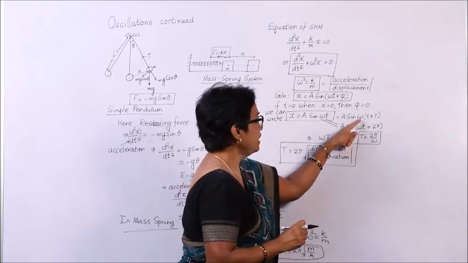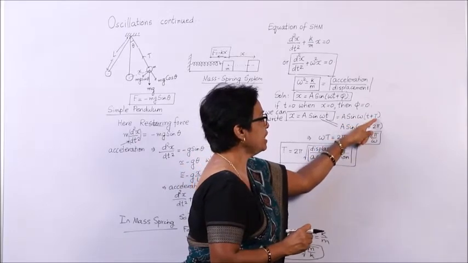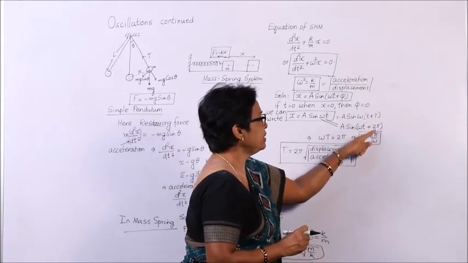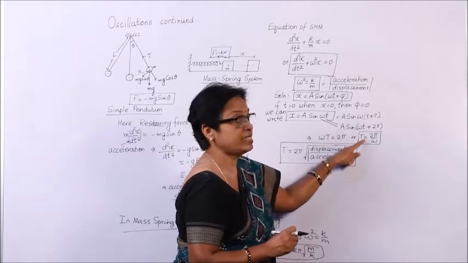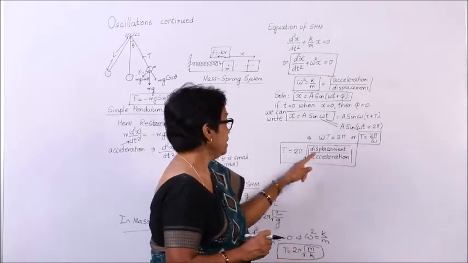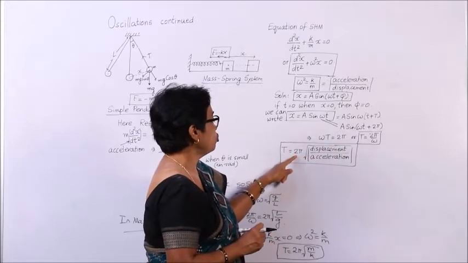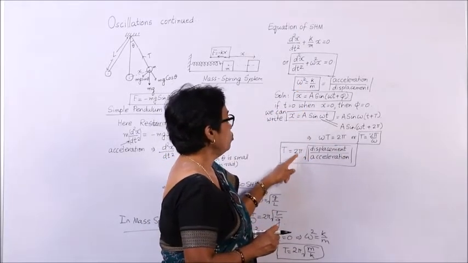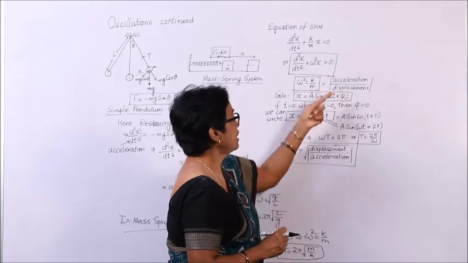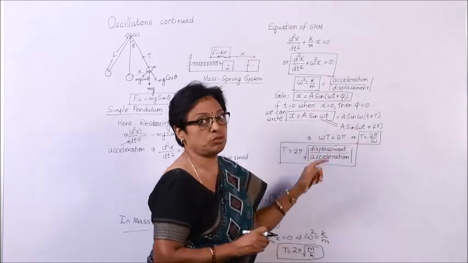So omega into capital T is 2 pi, or the time period capital T is 2 pi by omega. So the time period can be written as 2 pi times 1 by omega, which is the square root of displacement by acceleration.